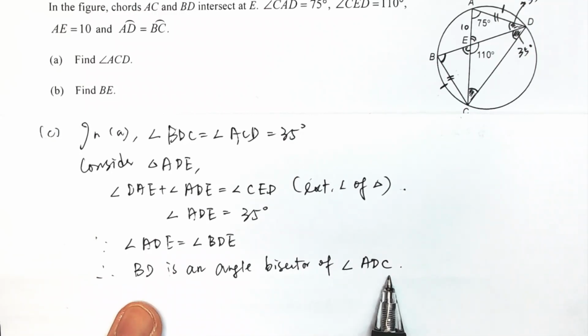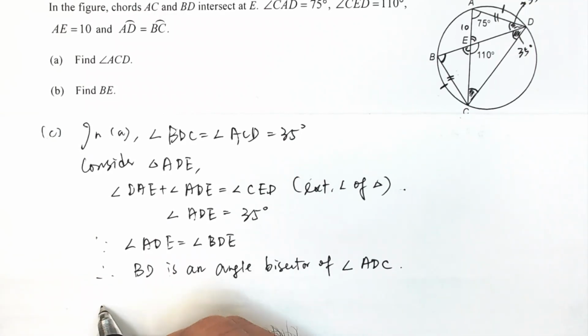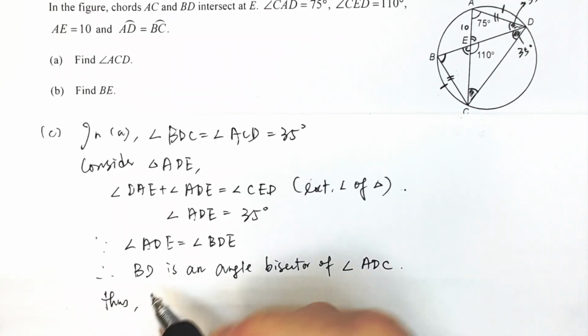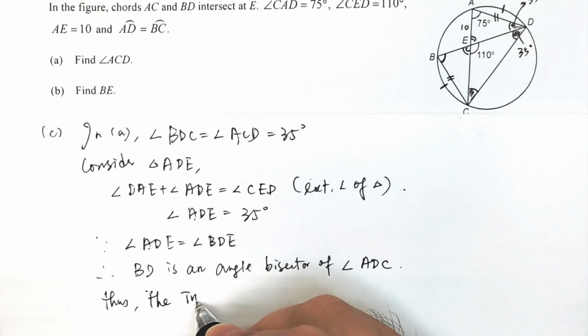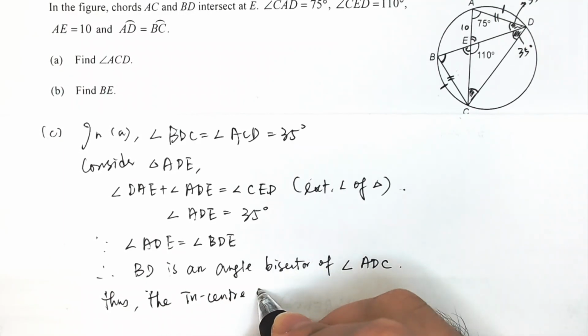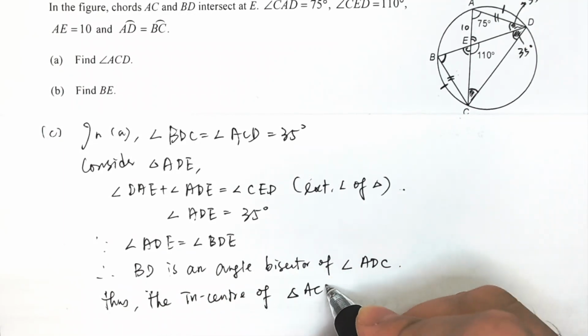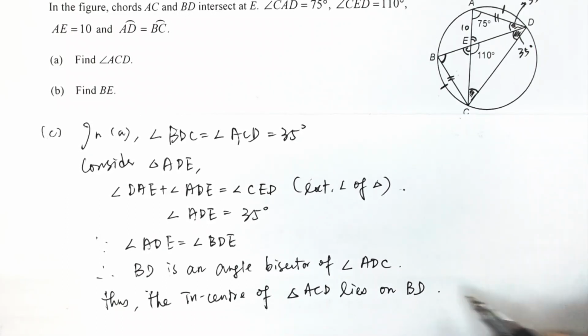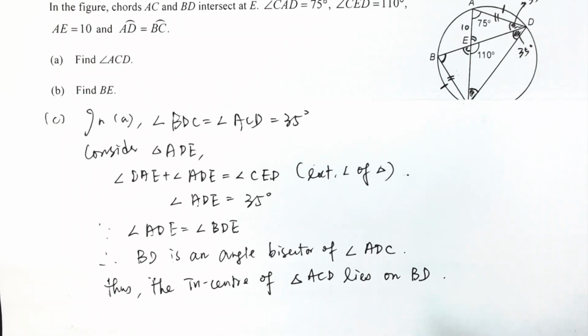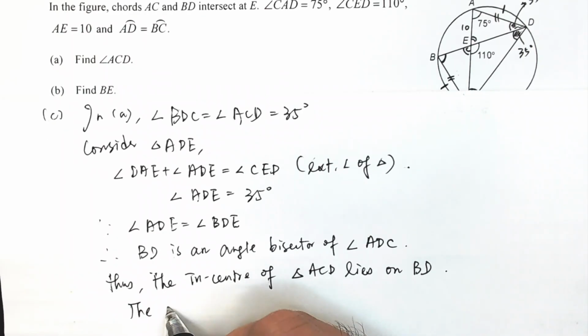And thus, what's the meaning of BD being an angle bisector of ADC? We can say that the incenter of triangle ACD lies on BD. And thus, the claim is agreed.